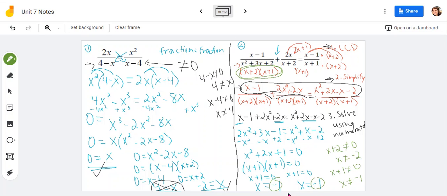Uh-oh, both of these are -1. So those are not valid solutions, and since we crossed out all of our solutions, our final answer here would be no solution. So always check those restrictions at the very end in case any of your solutions are not valid. Great job, everyone.